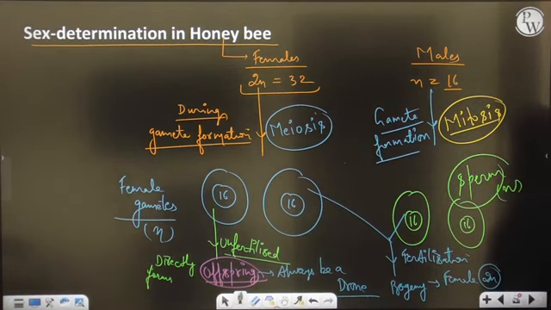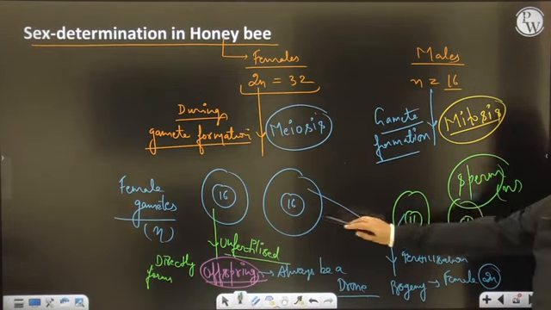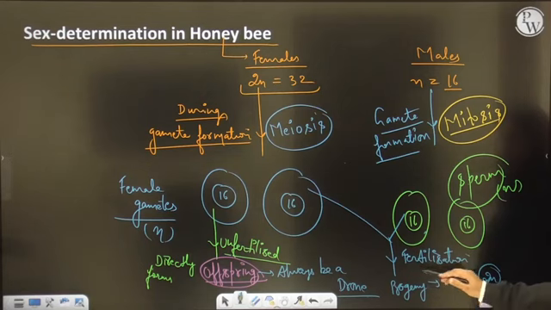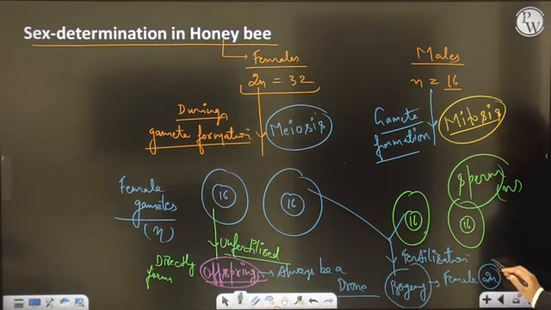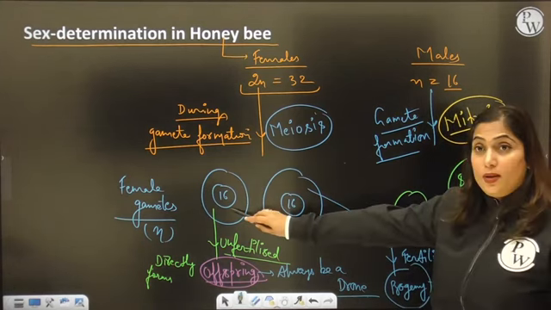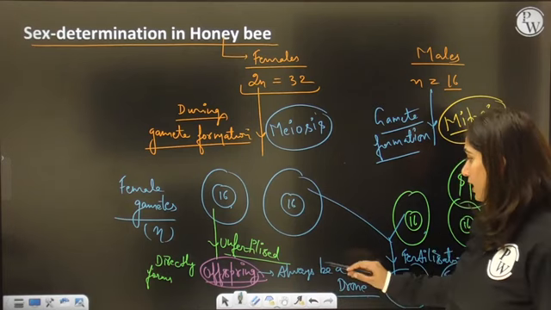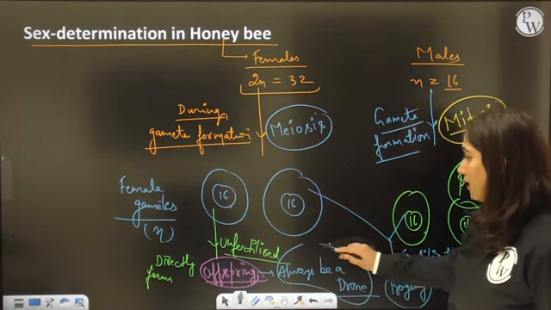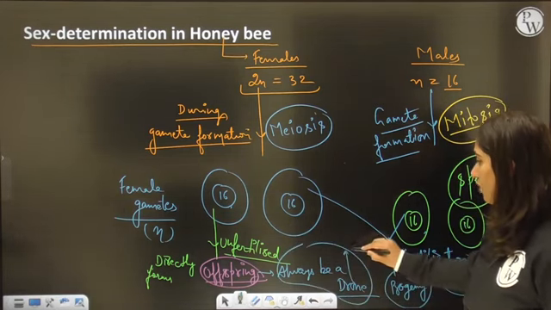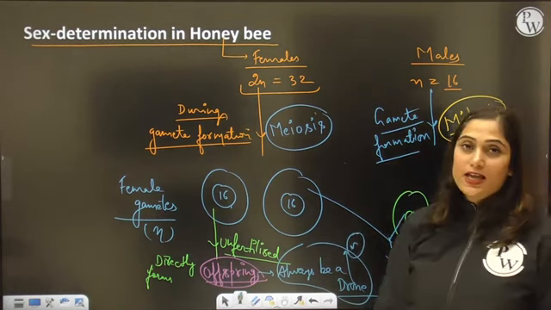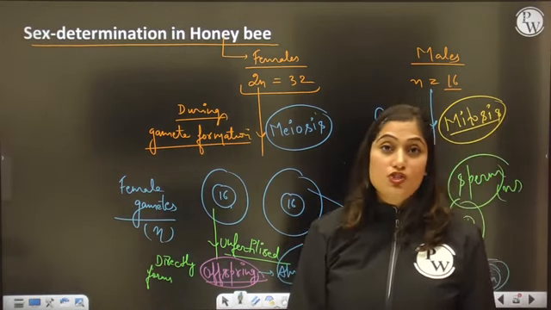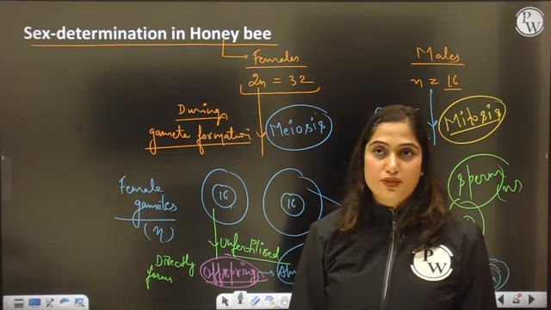Okay, so whenever a female gamete fuses with male gamete, the progeny formed will always be a diploid female. But whenever the female gamete without fertilization directly forms the offspring, then it will always be a drone. And that is why drones are always haploid, because they are the product of parthenogenesis. They are not formed by fertilization.